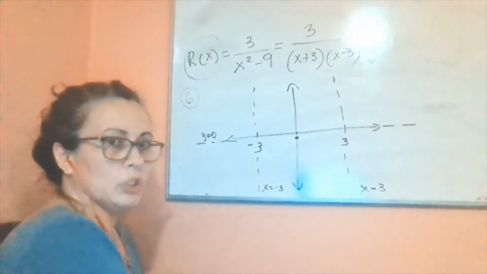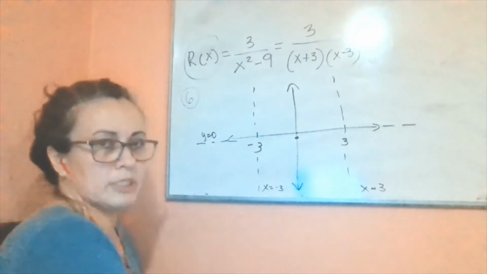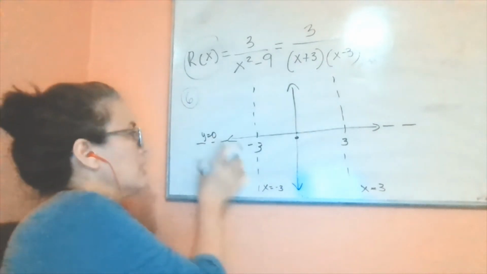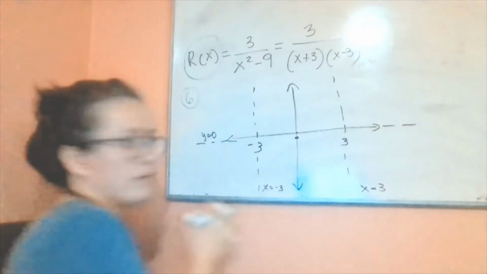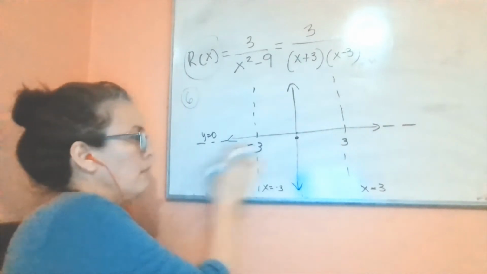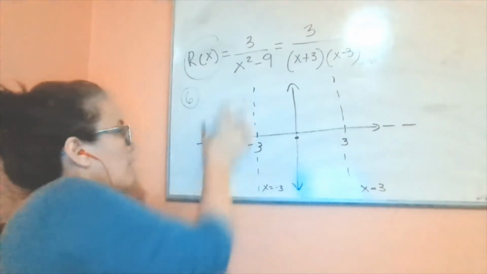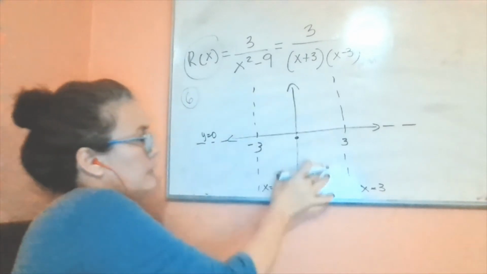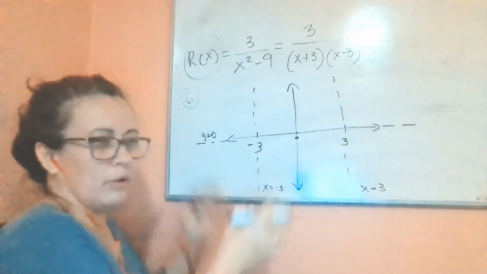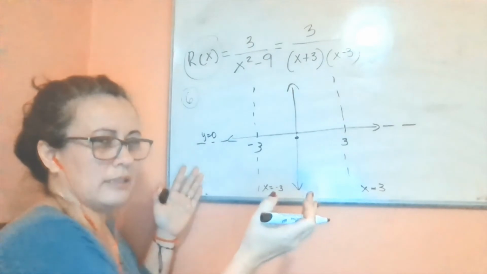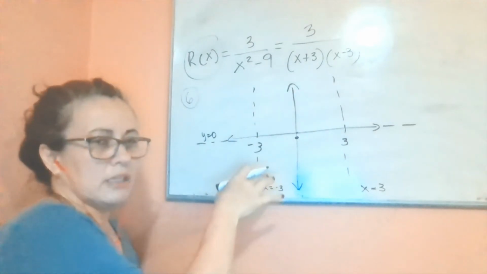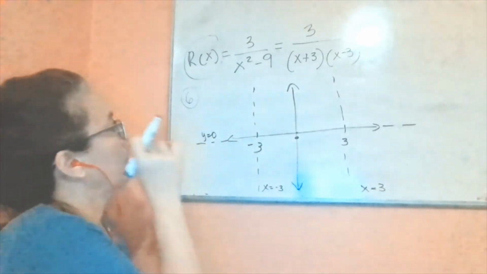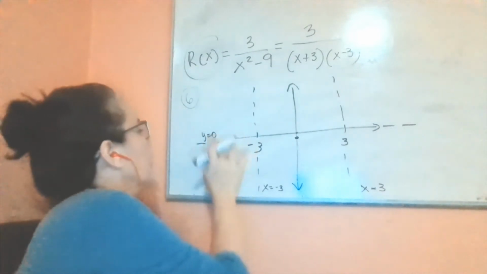What are we going to do next? I usually tell my students that we have to see this graph like you have part 1, part 2, and part 3. You have to graph this side, then this one, and then this one. I usually work with the sides and then I leave the center at the end. So I'm going to do that over here.